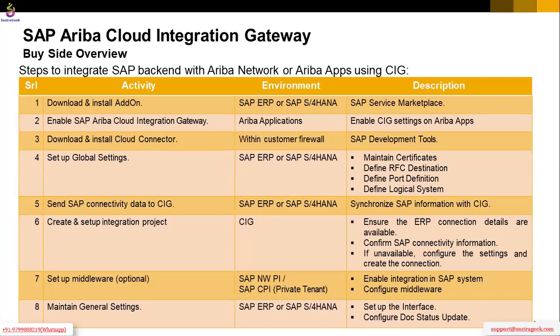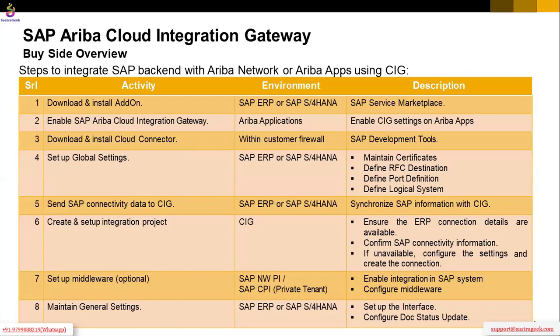So how will the system identify which on-premise system it has to accept? We are going to create the linkage between the two different systems, on-premise to cloud, or cloud to on-premise. That is why we require the cloud connector. Basically, the cloud connector connects the on-premise solutions with the cloud solutions.